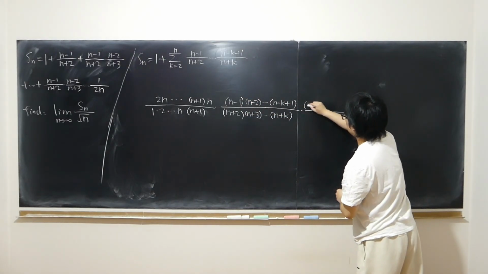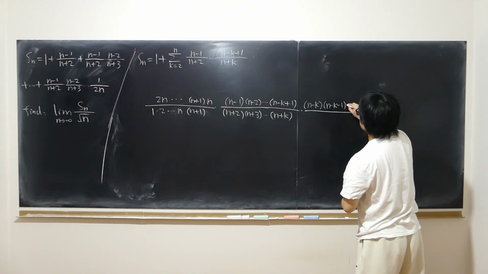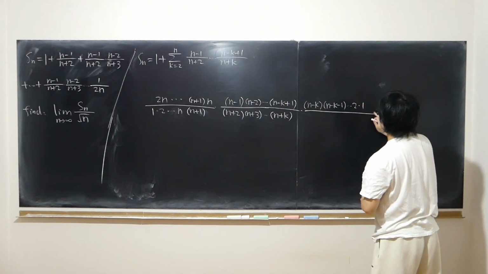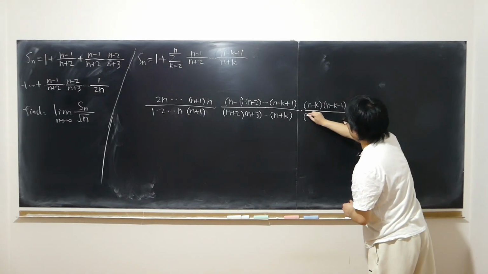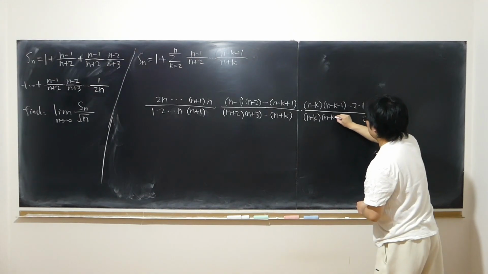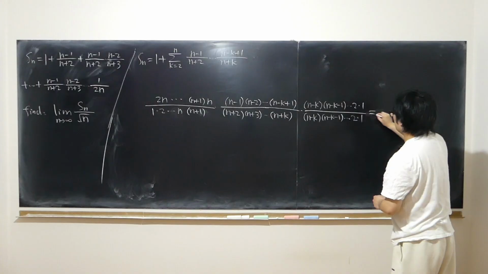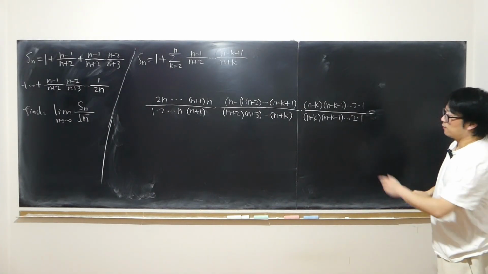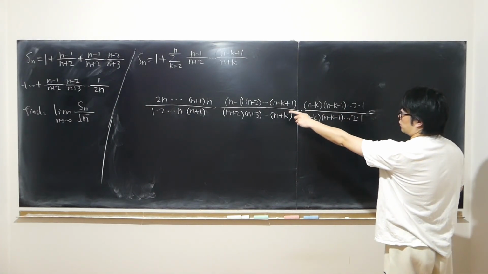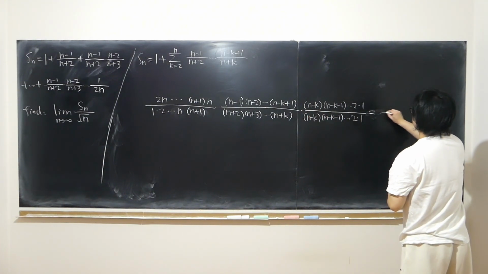Next one is n minus k minus 1 all the way down to 2, 1. Same thing, I just copy this one down. You notice that here the top keeps reducing, 2n, all the way to here. So 2n factorial.